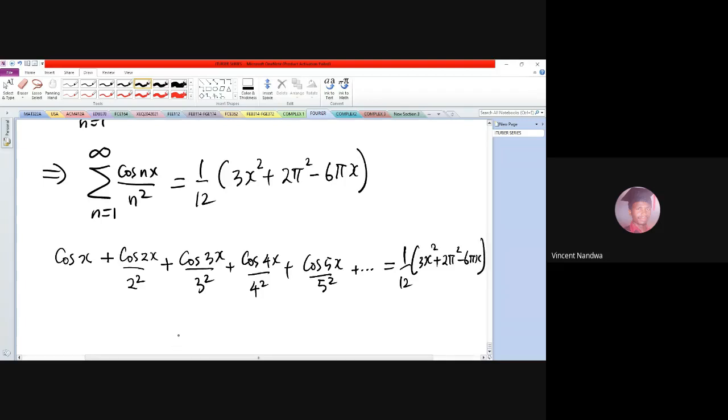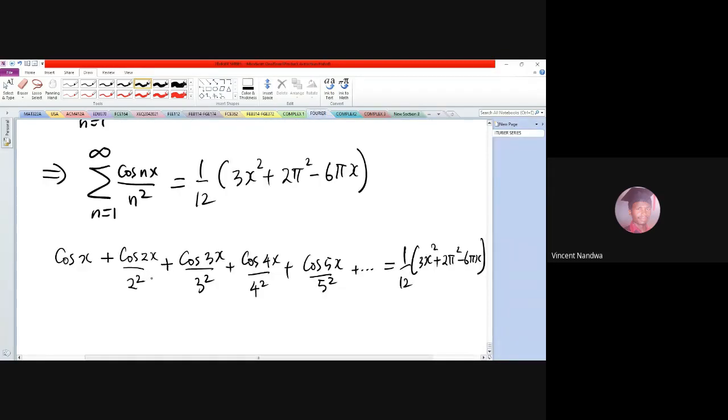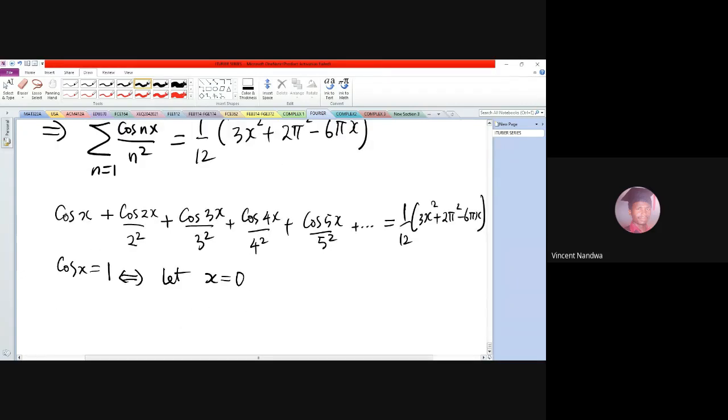Remember, we want to get the solution for this series 1 plus 1 over 2 squared plus 1 over 3 squared plus. So if we are able to see how we can get 1 in the numerators, then the denominators for this are actually agreeing with what you need to get. So cos of x equals 1 when we let x be 0. So therefore, when you let x be 0, cosine of 0 is 1.